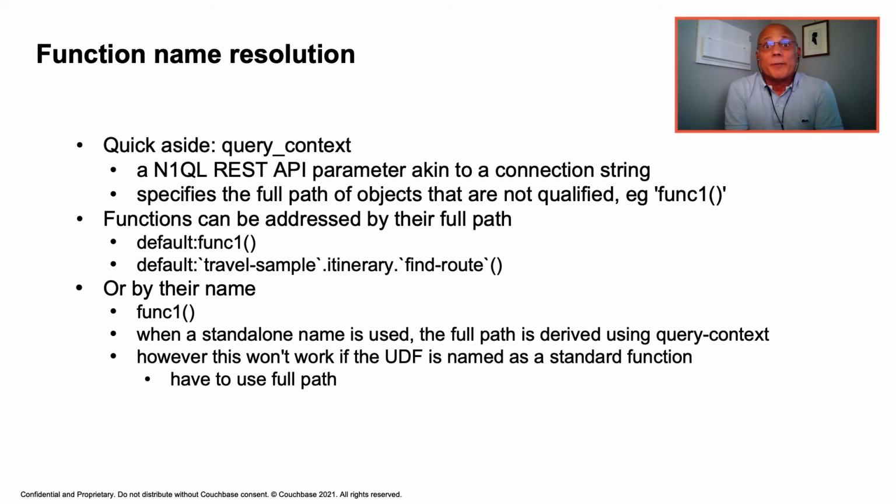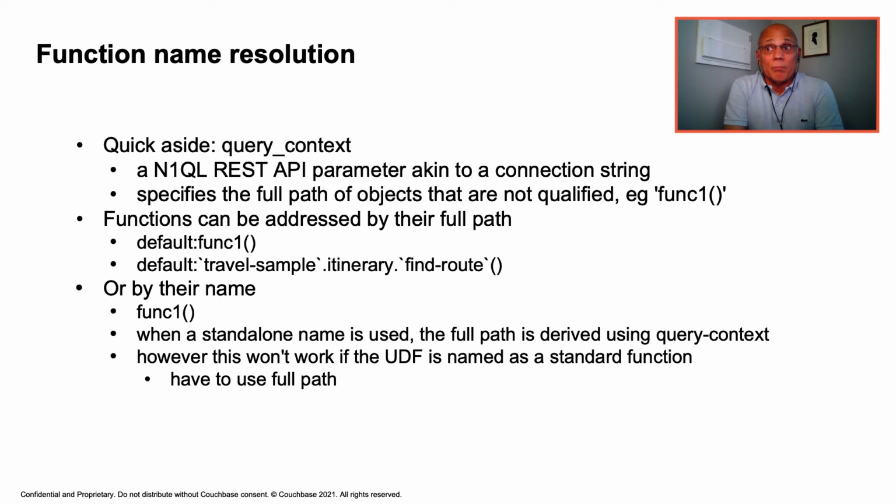The last thing I have to mention is that there is nothing to stop you from creating a UDF that has the same name as a standard function, let's say OBJECT_VALUES or ARRAY_ADD or whatever. If you try to do that, the N1QL engine will always use the standard function.